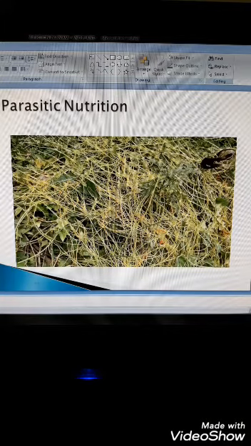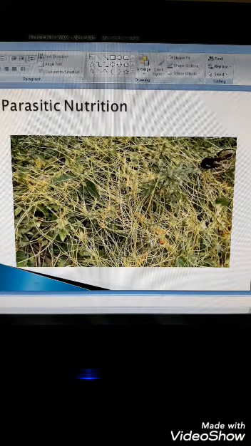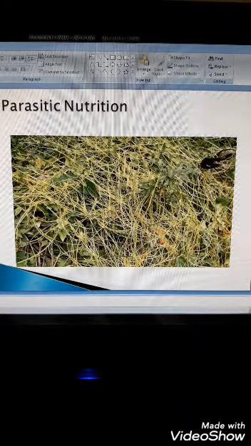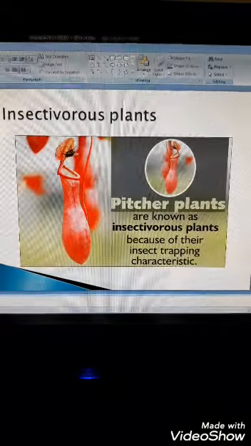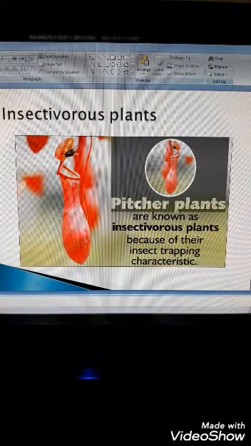So this kind of parasitic plants are called partial parasites, whereas the ones which are dependent for entire food, water and minerals are called total parasites. Clear, children?